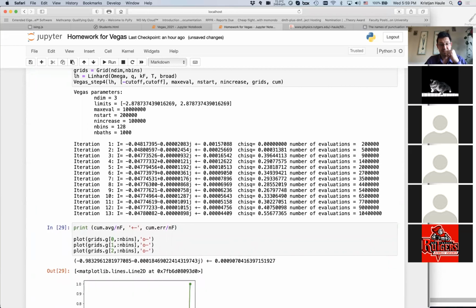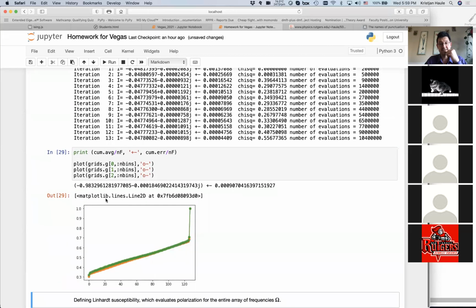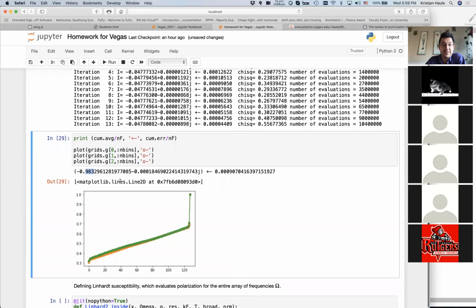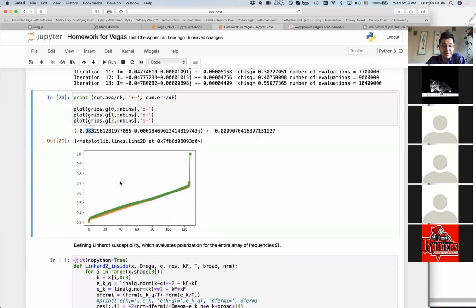Yeah, like this. So the final result, the result that you should get, is minus 0.90983. I think these 3 digits are correct: 983. This is the correct value for this particular q. And that would be sufficient for the homework.